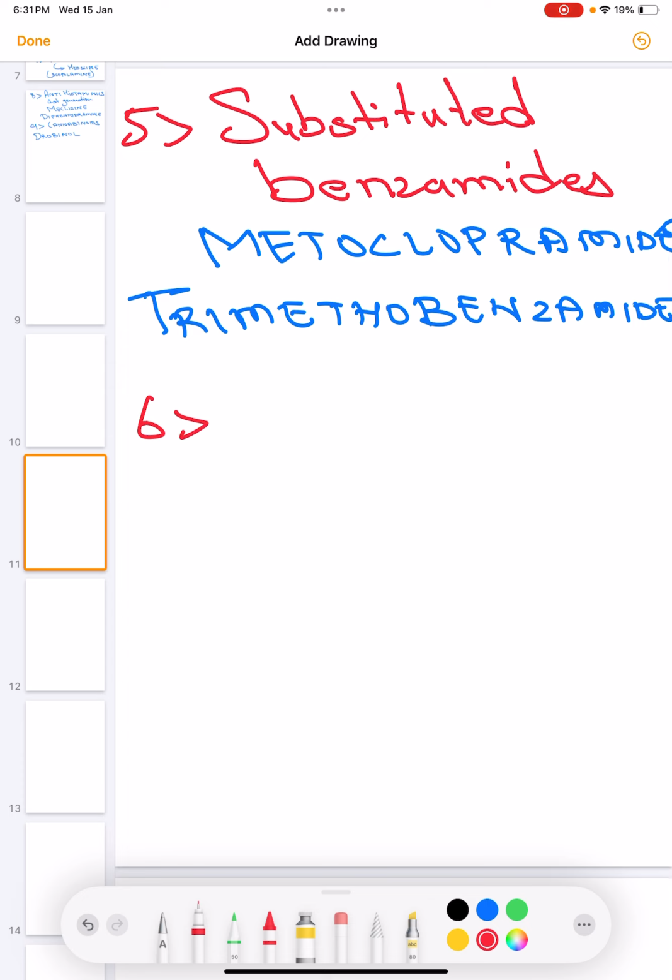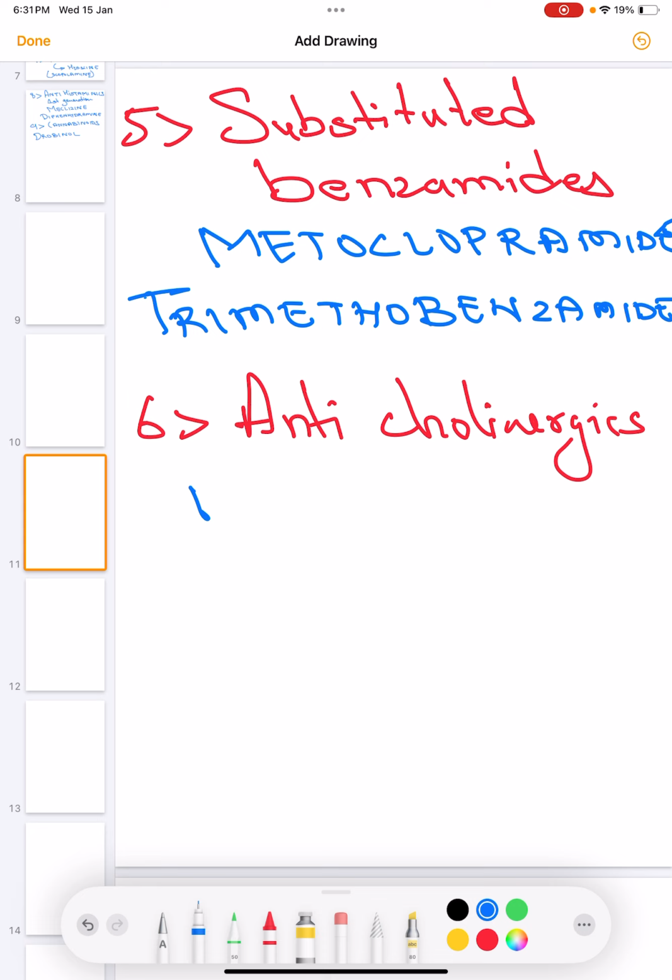Sixth class of drugs is anticholinergics. That example is hyoscine, which is also known as scopolamine.